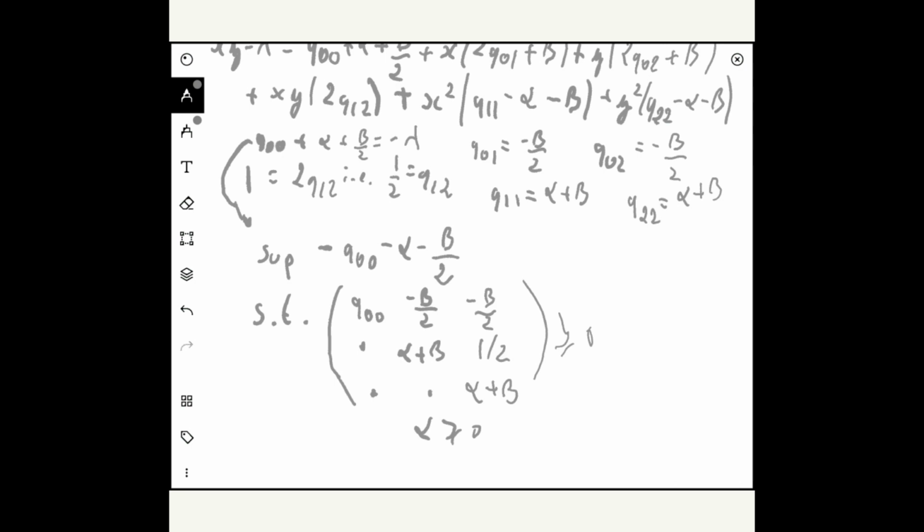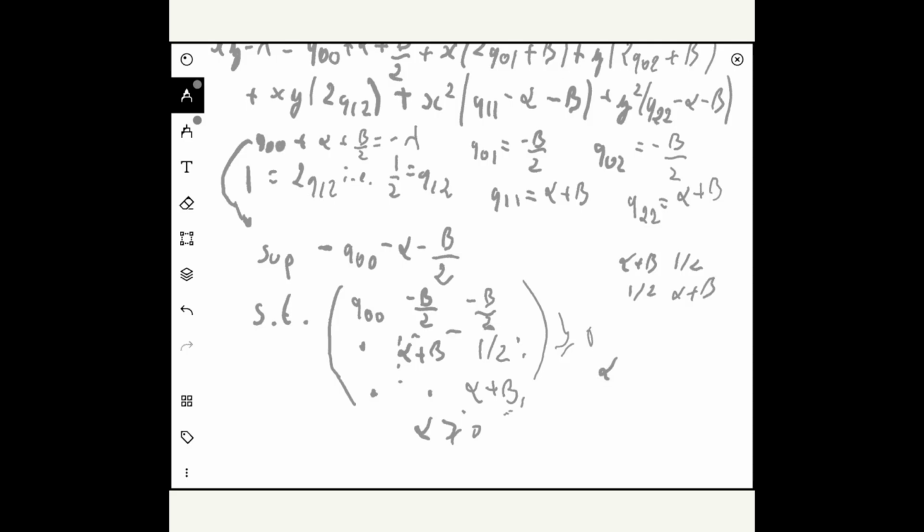And so now to determine the value, you need to remember that for a semi-definite positive matrix, the sub-matrices should also have a positive determinant. So basically we can take the one at the bottom that I'm squaring here, which is alpha plus beta, 1 over 2, 1 over 2, alpha plus beta.